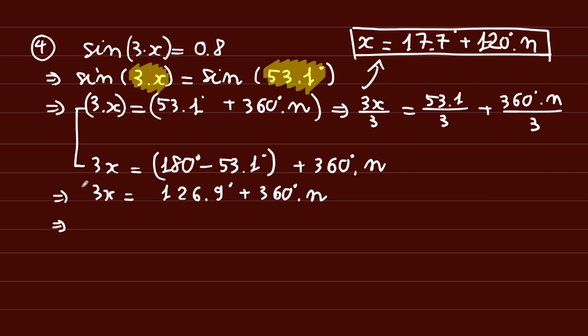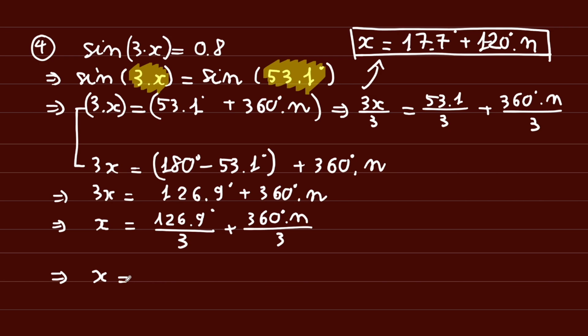Okay, so we have here 3x. We need to make only x the subject. So divide by 3 on both sides of this equation. We have 126.9 divided by 3 and 360 degrees multiplied by n divided by 3 in the same action.